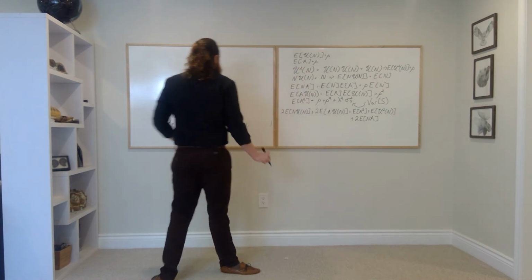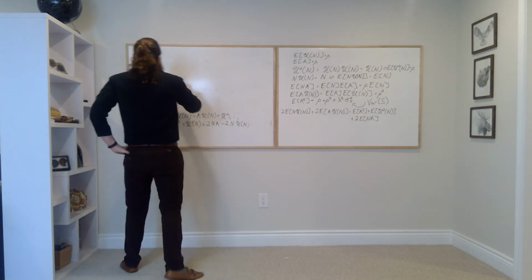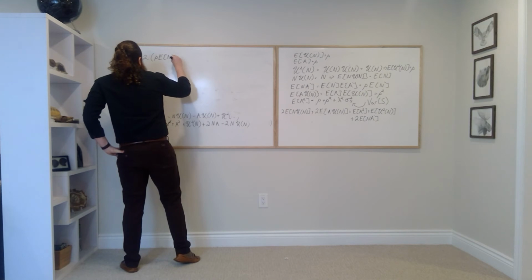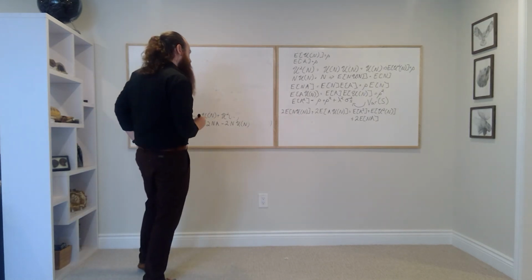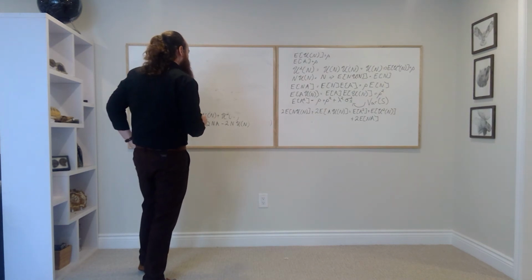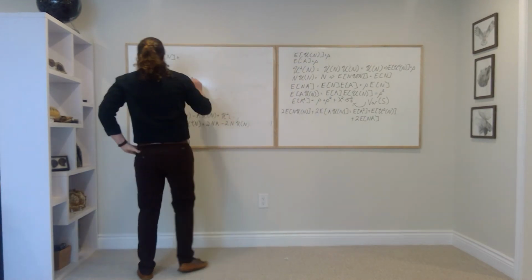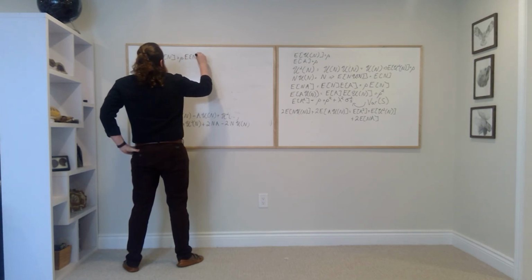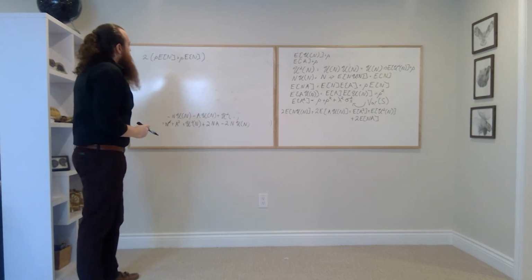So this is 2 times rho times the expectation of n plus, follow it through, this is also rho times the expectation of n. There's probably some simplifications you can do there.